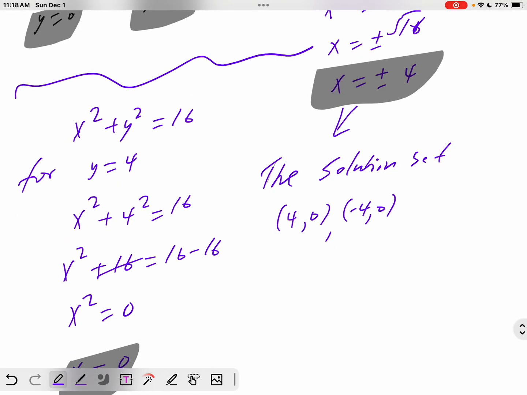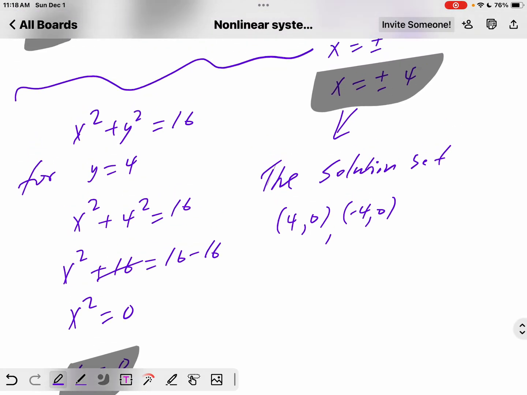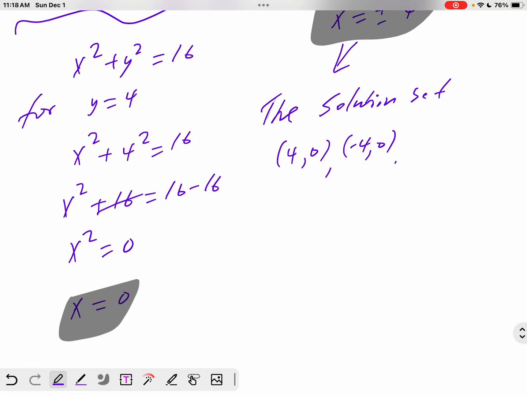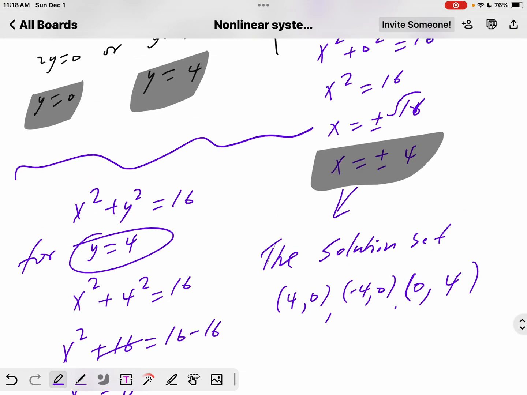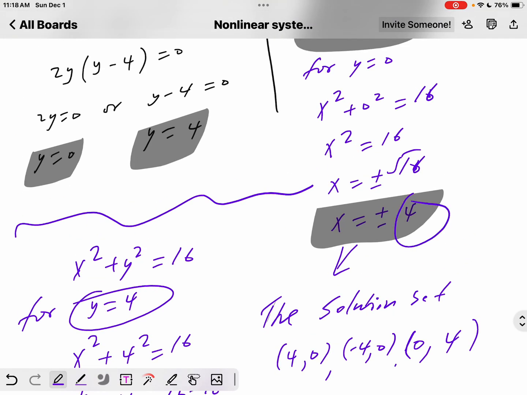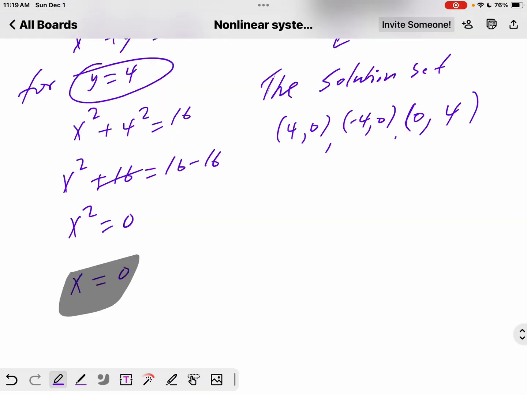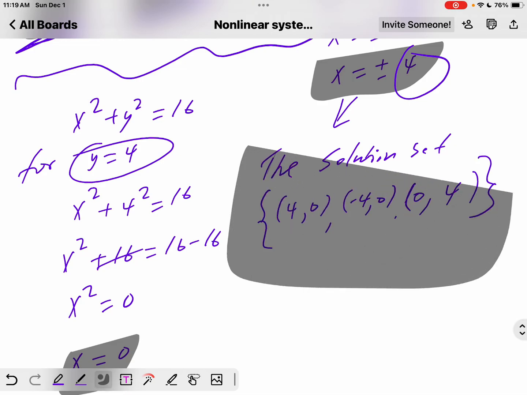The other one, when y was 4, there's only one coming from there. So here, this is 4 comma 0 and then negative 4 comma 0. And y is 4. When y was 4, x was 0, so 0 comma 4. So this is the solution set.